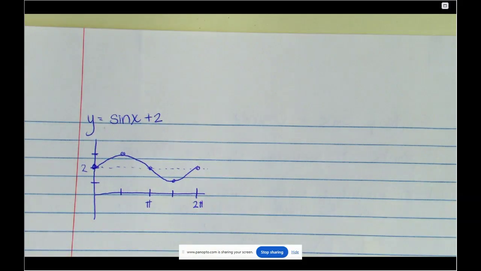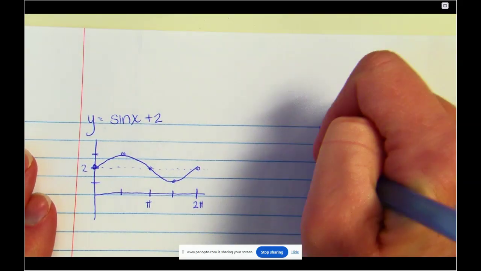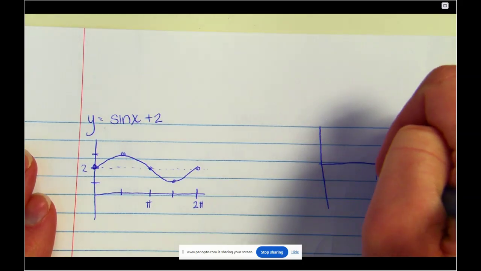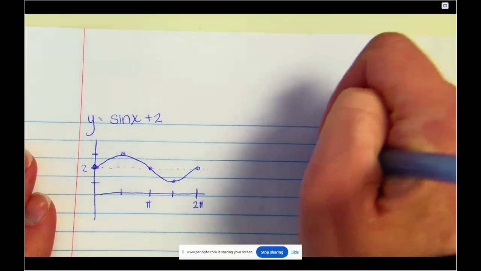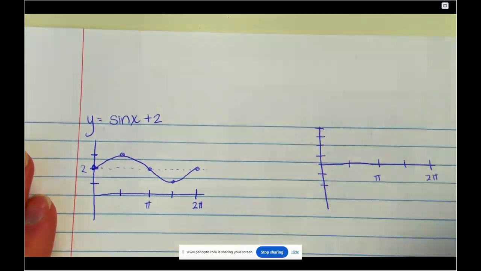Some people can do that without putting the dotted line. I like the dotted line. It saves me a headache, especially with what comes in a minute. Okay. Do not put this on your paper unless you want to. Your other option would be to draw in the original points.